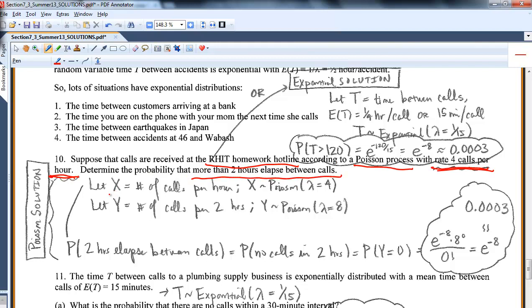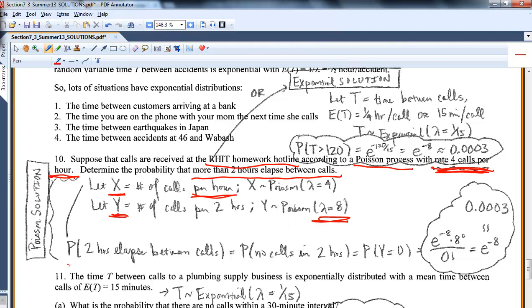I'm going to let X be the number of calls per hour, which is Poisson with 4 calls per hour. And I'll let Y be the number of calls that occur per 2 hours, because what we're looking at is the probability that we receive no calls in 2 hours. So Y is Poisson with lambda equals 8.